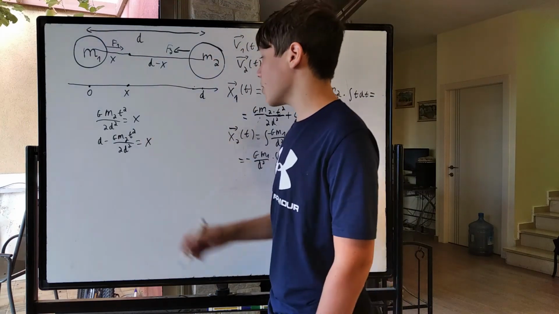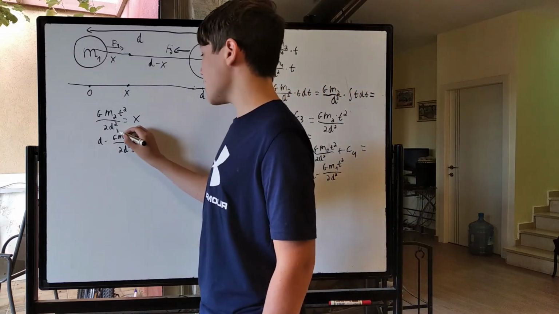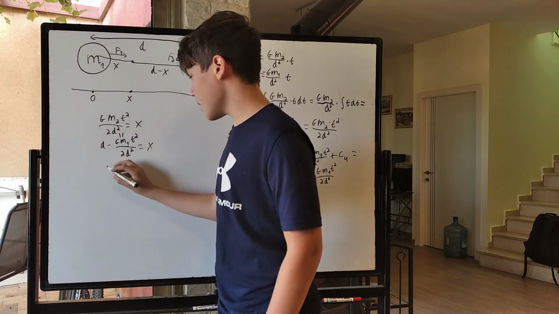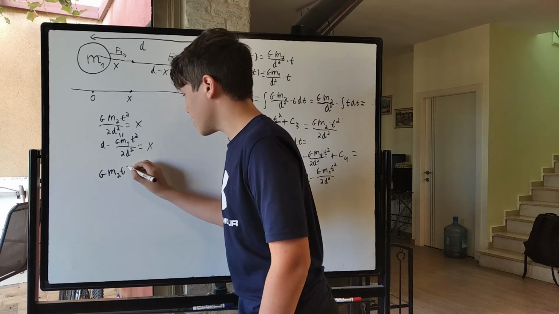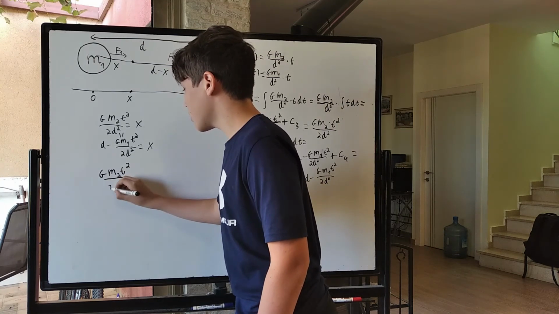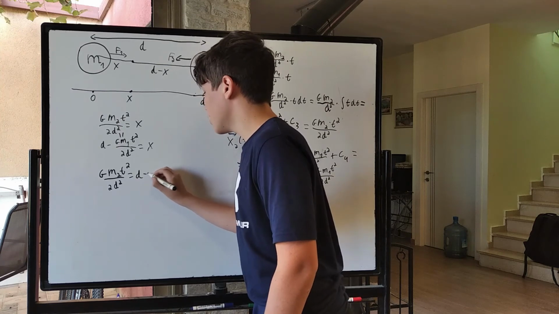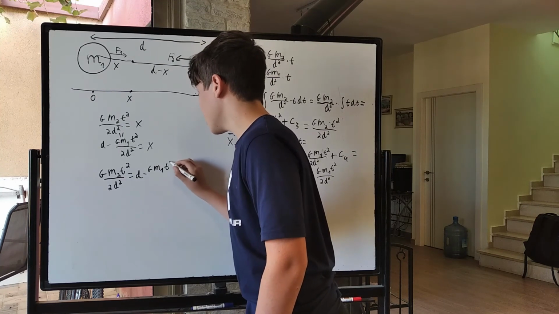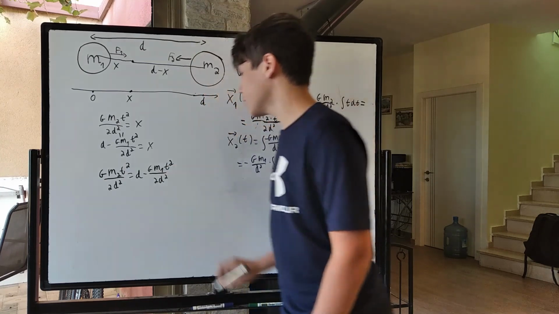Now if these both are equal to x, we can simply say this is equal to this. So now we can write gm2 t squared over 2d squared is equal to d minus gm1 t squared over 2d squared.